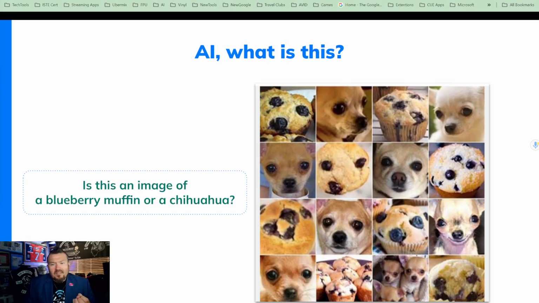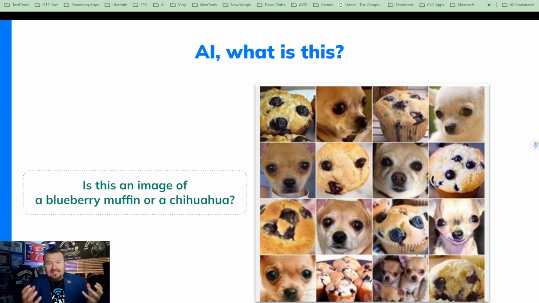Now, how does a machine learn this? How does a machine decide what a blueberry muffin is versus what a cute, cuddly chihuahua is? You see, this is done by massive amounts of data. Thousands, hundreds of thousands, millions of images being fed to these machines and labeled, this is a blueberry muffin, and this is a chihuahua.